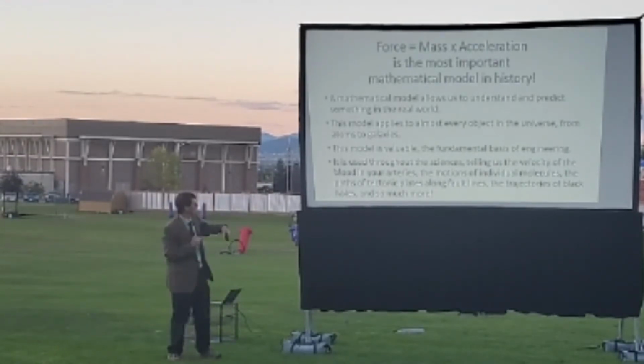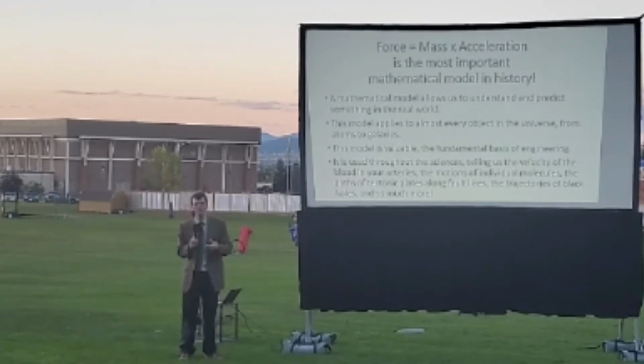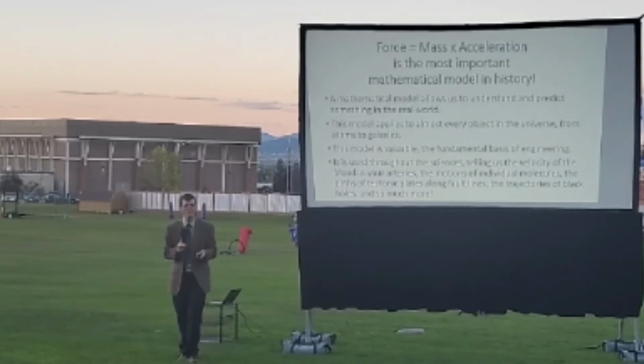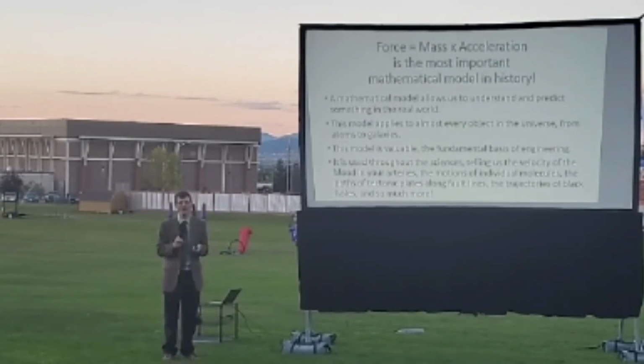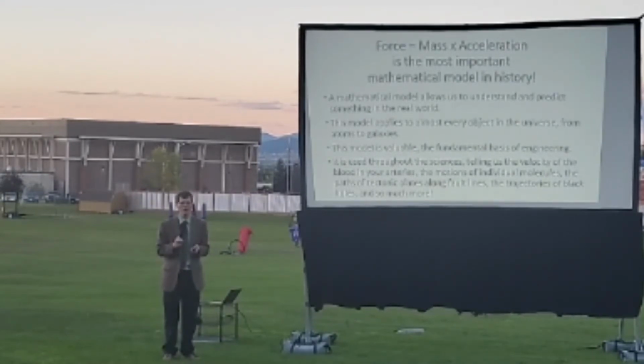Whether we're trying to understand the flow of blood in your arteries, or earthquakes moving through the Earth's crust, the trajectories of black holes, or look into the distant future to see what will happen when the Milky Way galaxy collides with Andromeda. That's amazing. That's powerful. That's incredible. That's wonderful. That's why force equals mass times acceleration is the greatest mathematical model in all of history.